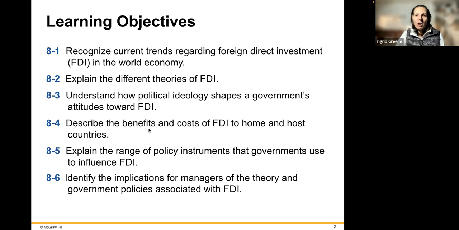Describe the benefits and costs to home and then the host country. Explain the range of policy instruments that governments use to influence FDI, to encourage it or discourage it. And then identify the implications for managers of the theory and government policies associated with FDI. So again, how does it all apply to you as a manager?